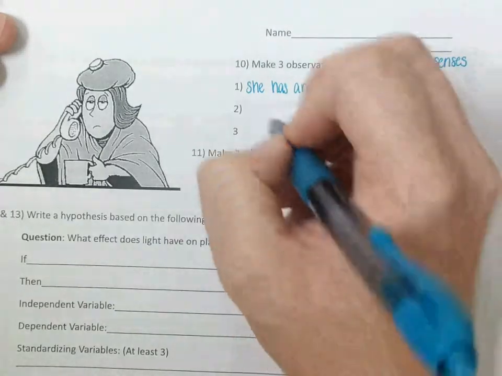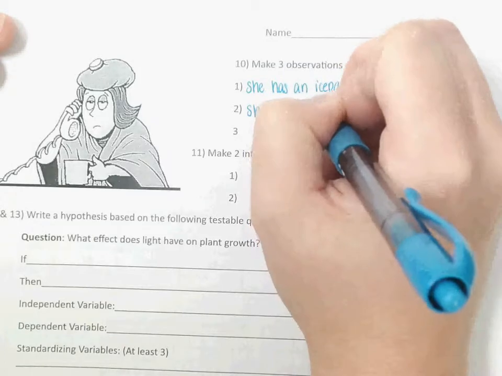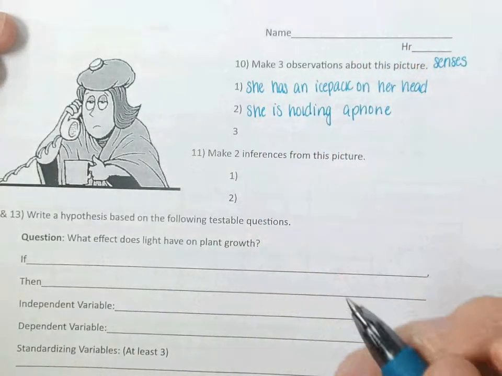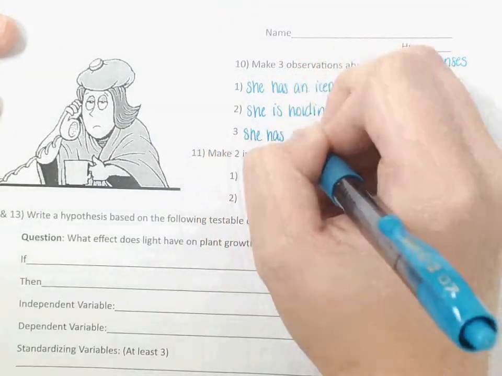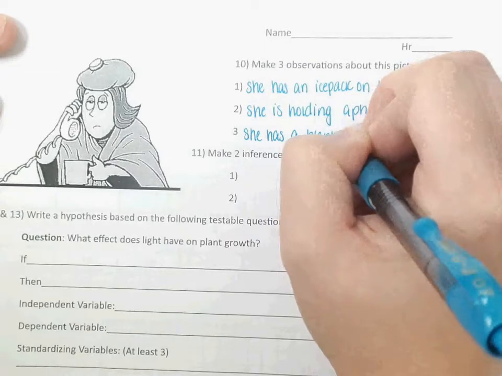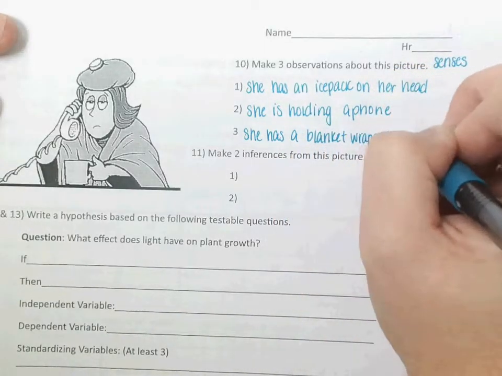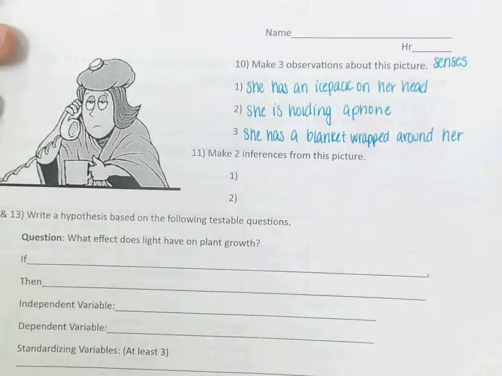Another would be that she's holding a phone. And a third one could be that she has a blanket wrapped around her. Again, all of these are facts, things that we can see.